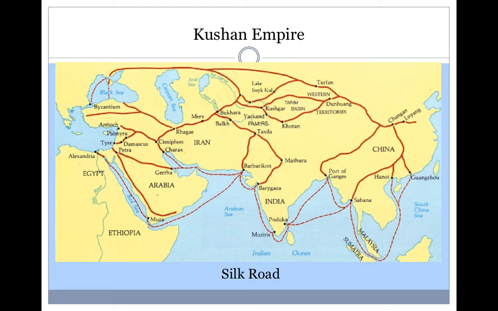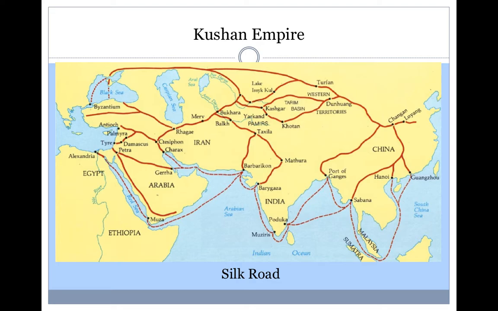So the Kushan Empire benefited from the time period of trade and the use of the Silk Road, which, if you look up on your screen, is all the different routes that people would be traveling from the Western world, which is actually the eastern part of the Roman Empire, all the way across to the Eastern world, which included both the Middle East, and then further east, India, and then even further east, China.